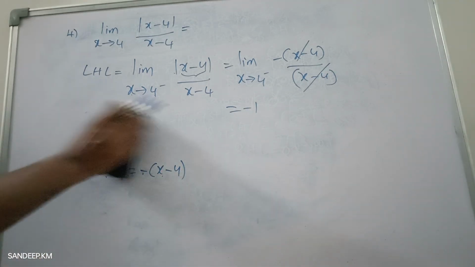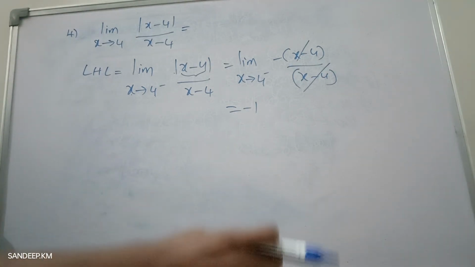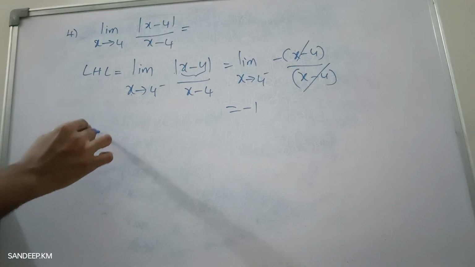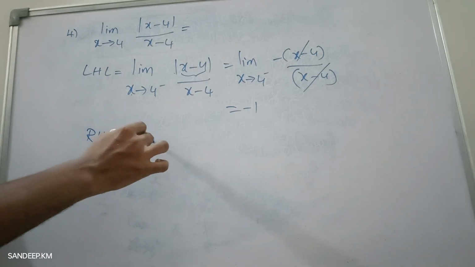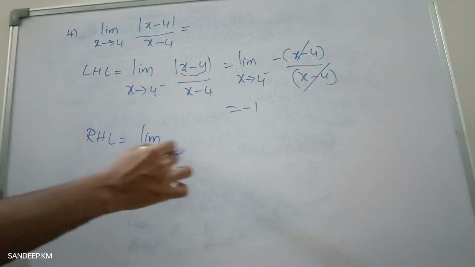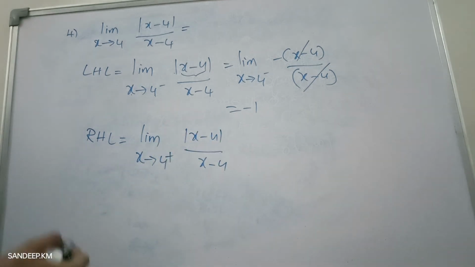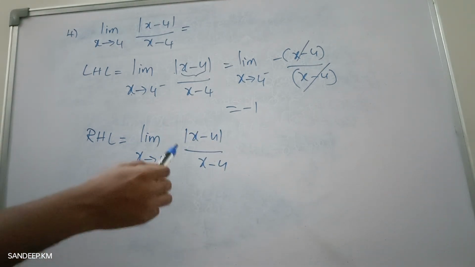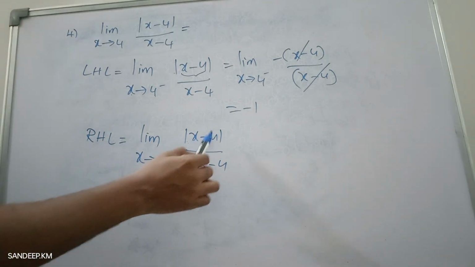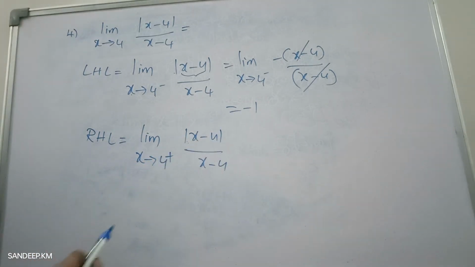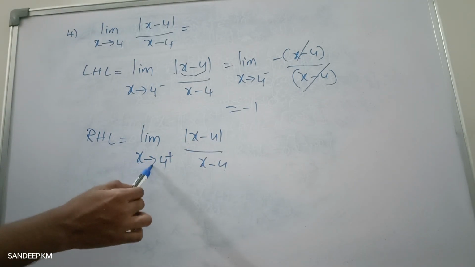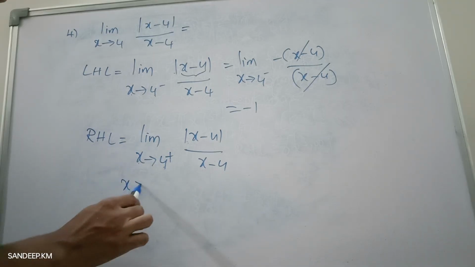Similarly, let us see what is RHL, the right hand limit. So RHL is equal to limit x approaches 4 plus mod of x minus 4 by x minus 4. So once again, dear students, let us try to understand how to replace mod of x minus 4 with another function. X is approaching 4 plus means x is greater than 4 only.